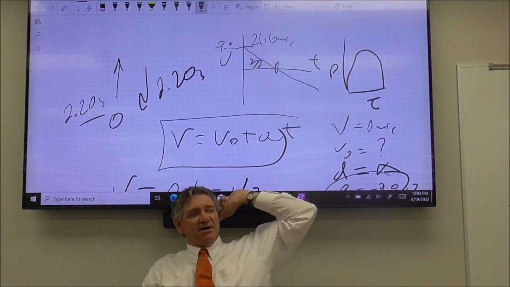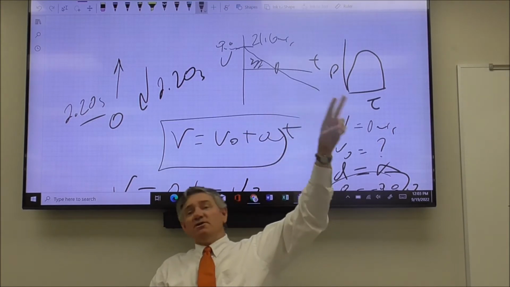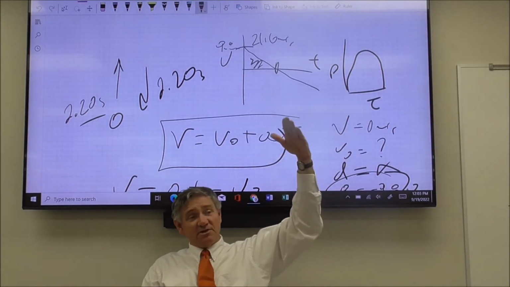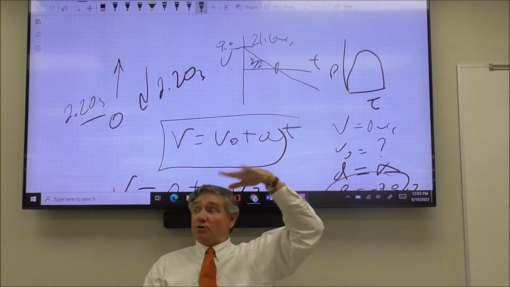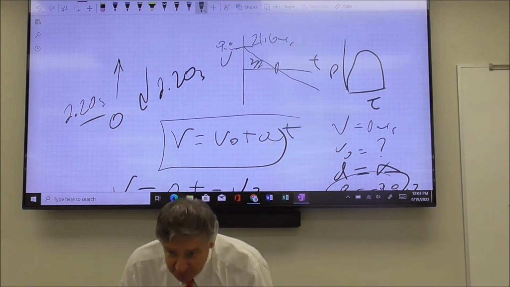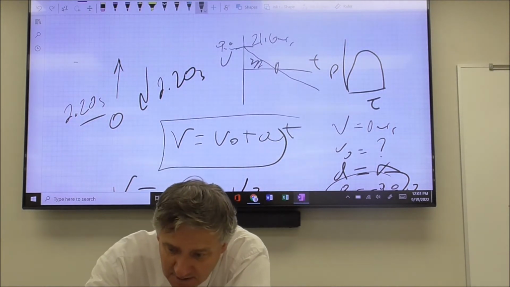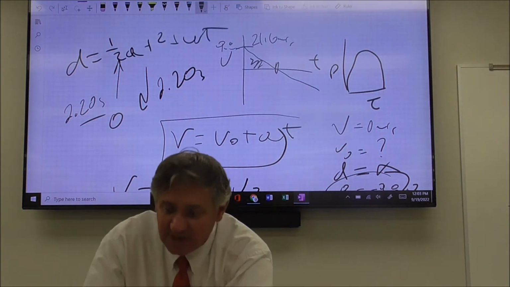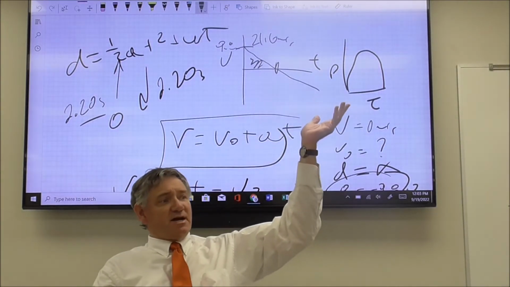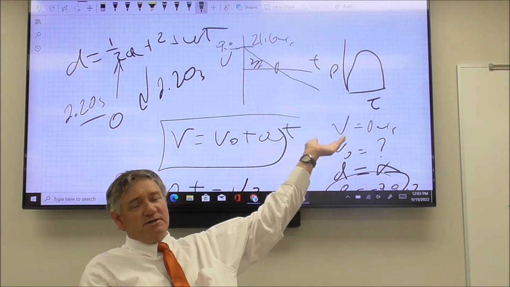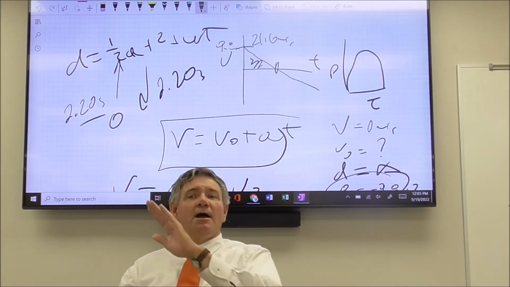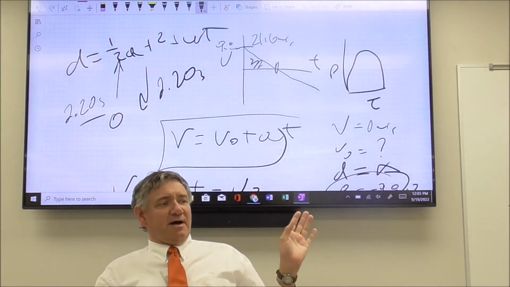Or you could use the equation: you know your final velocity, your initial velocity, and your acceleration. You could use distance equals 1/2 a t squared plus v naught t. Plug in 2.2 seconds, your acceleration of negative 9.8 meters per second squared, and your initial velocity of 21.6 meters per second. There's 3 different ways you can find the maximum height.